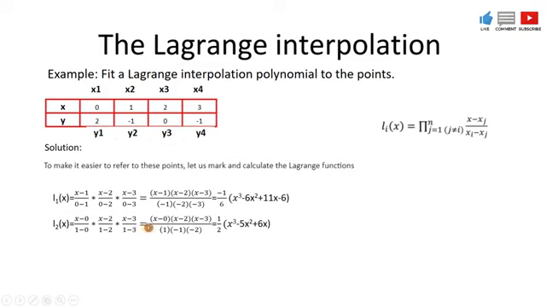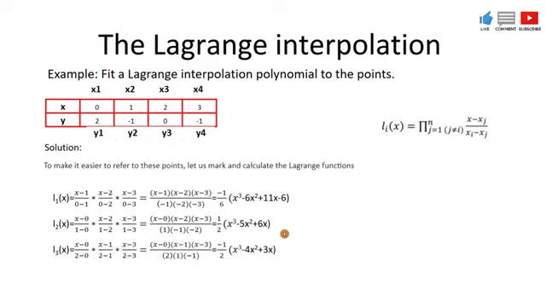And the multiplication of the numerator is x minus 0 multiplied by x minus 2 multiplied by x minus 3, over 1 multiplied by minus 1 multiplied by minus 2. The result of the denominator is equal to 1 over 2, and the result of the multiplication of the numerator is equal to x cubed minus 5x squared plus 6x. That is the second Lagrange function.